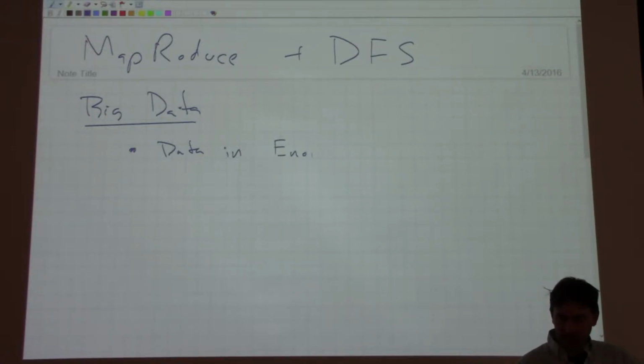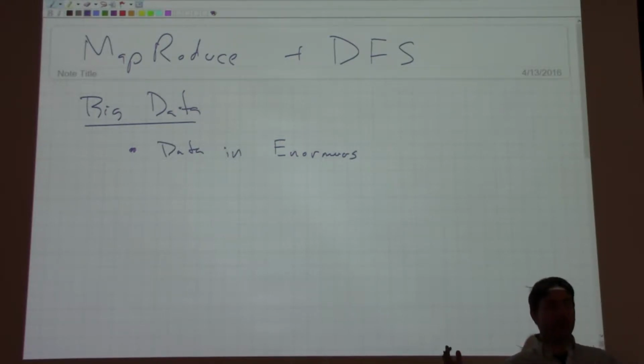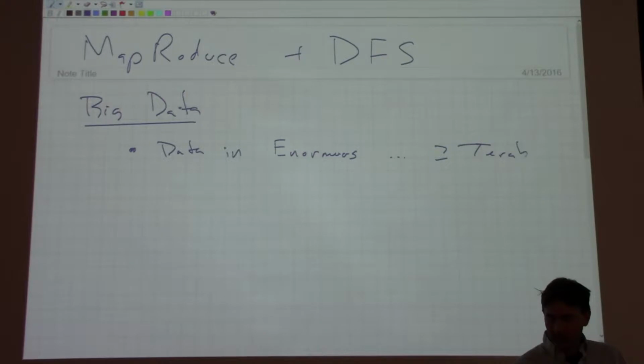So one is that the data is actually very big. It's actually enormous. This means that your data is at least in the terabytes or larger. So it does not just fit on your laptop.